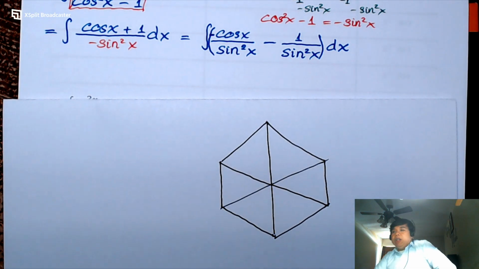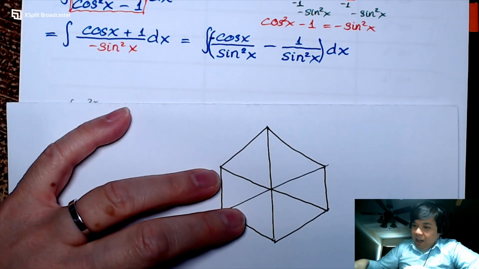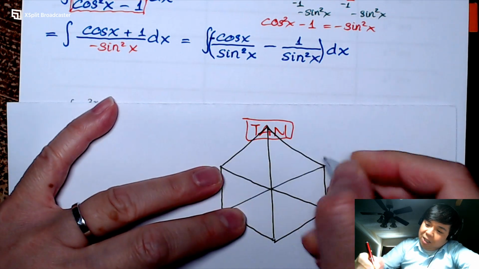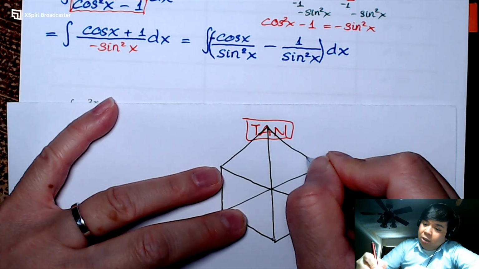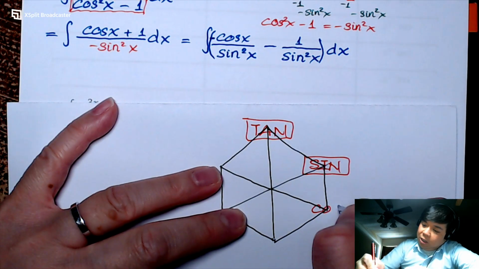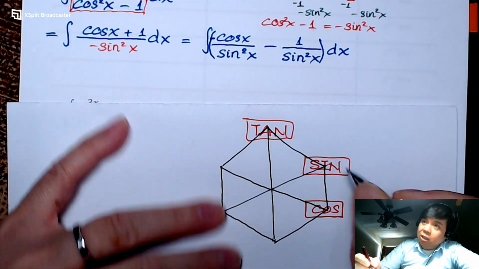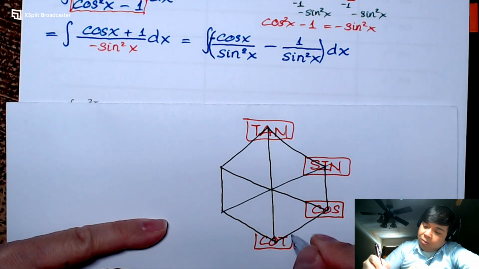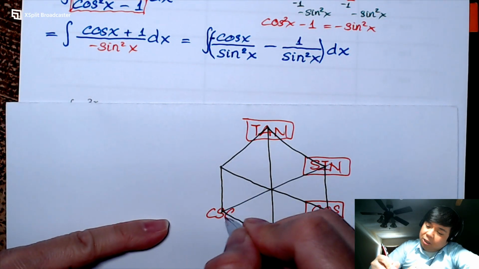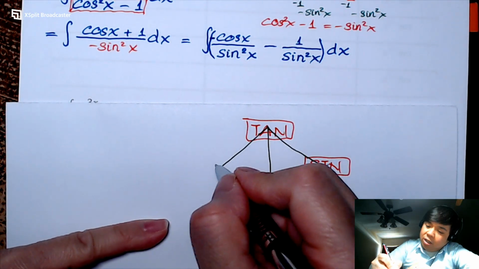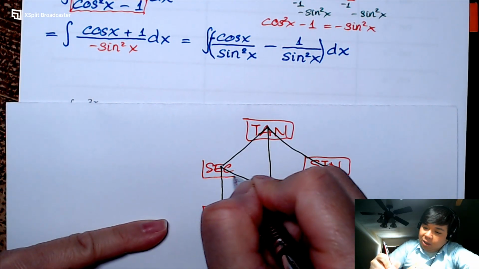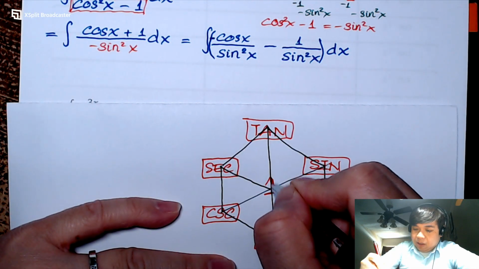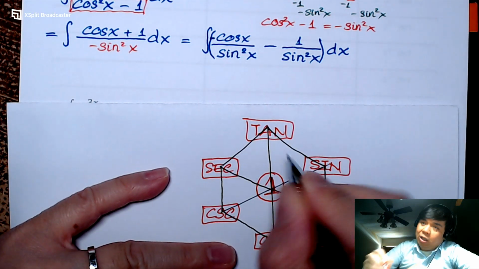So in this hexagon, I have tangent here, followed by sine and cosine. Opposite from tangent is cotangent. Opposite from sine is cosecant. Opposite from cosine is secant. And then we have 1 in the middle. Okay, so that is a hexagon.